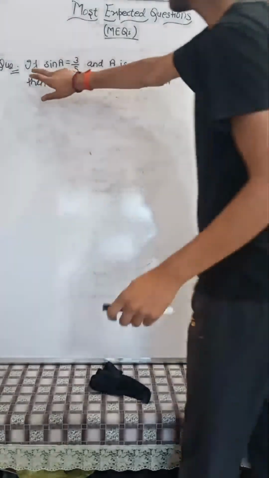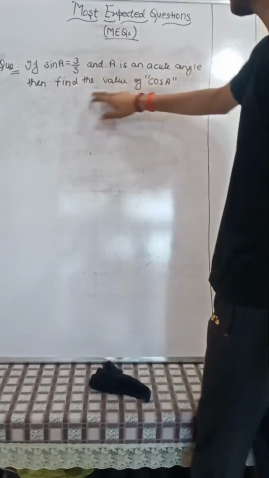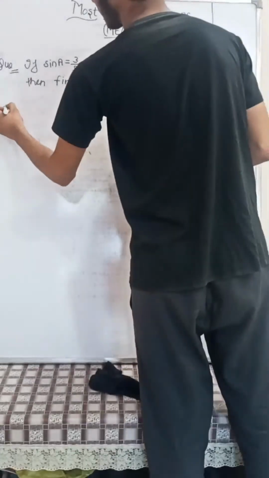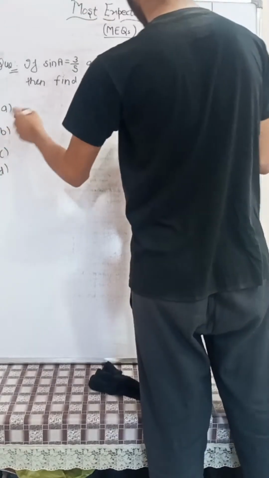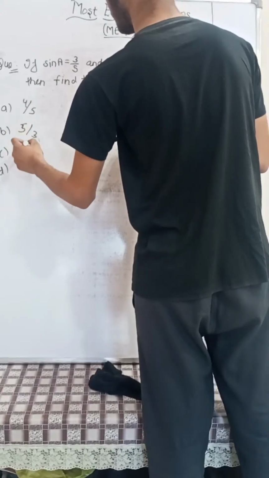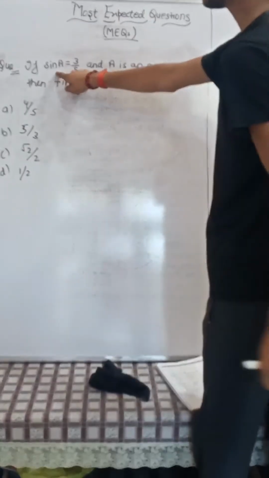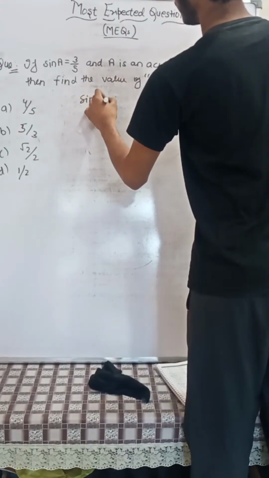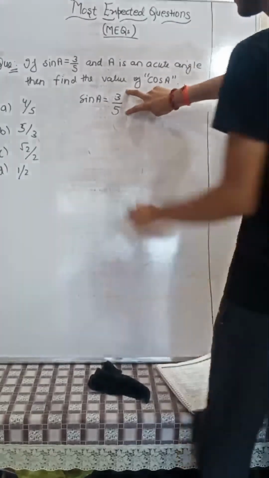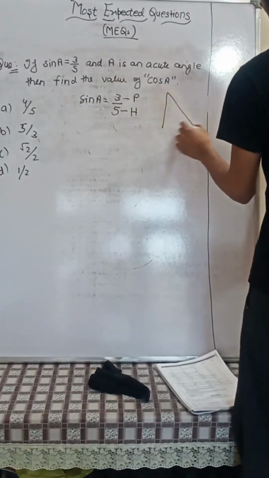The next question is here, if sine A equals 3 by 5 and A is an acute angle, then find the value of cos A. Now sine A, as you all know, sine is perpendicular upon hypotenuse, then make a triangle.